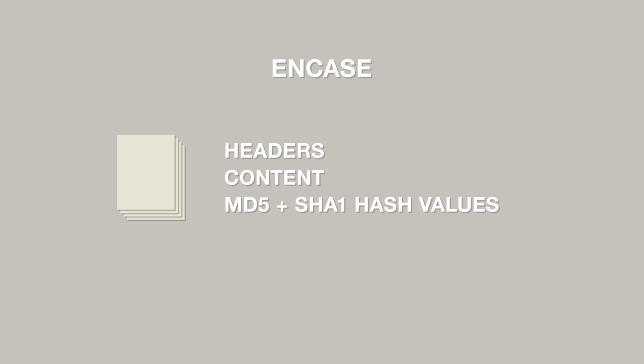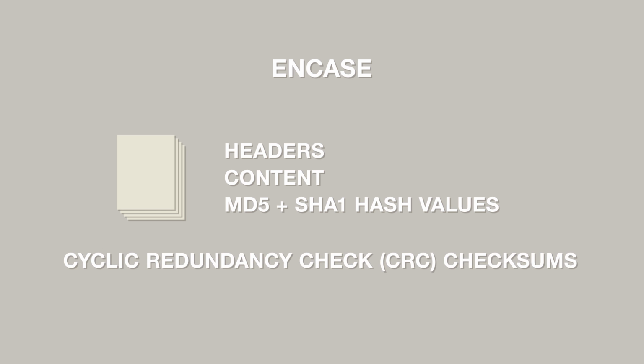Besides hash values, the EnCase evidence format also adds error detection by storing the CRC checksum for every 64 sectors of data. If hashes do not match, CRCs will help find where the changes are at the sector level.